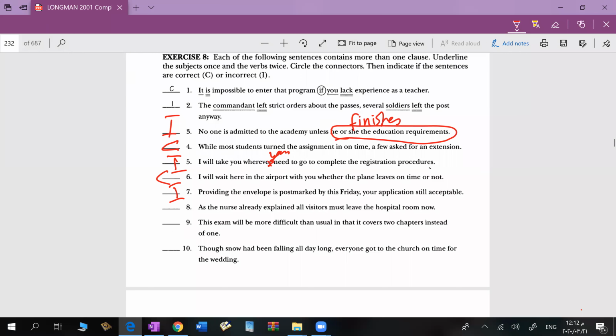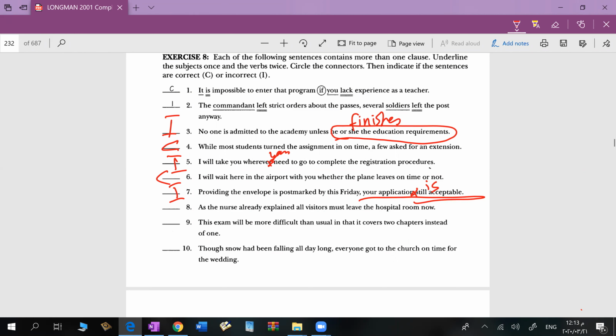What is the error here? Your application is still acceptable. Okay, it needs a verb here. The other clause doesn't have a verb. Your application still acceptable, no verb. Okay, good, clear?